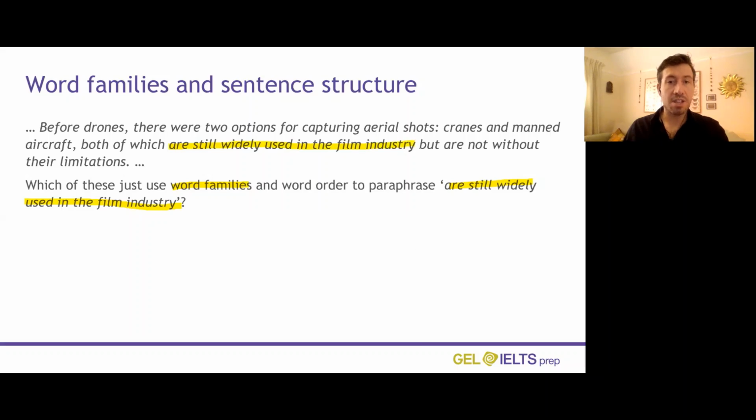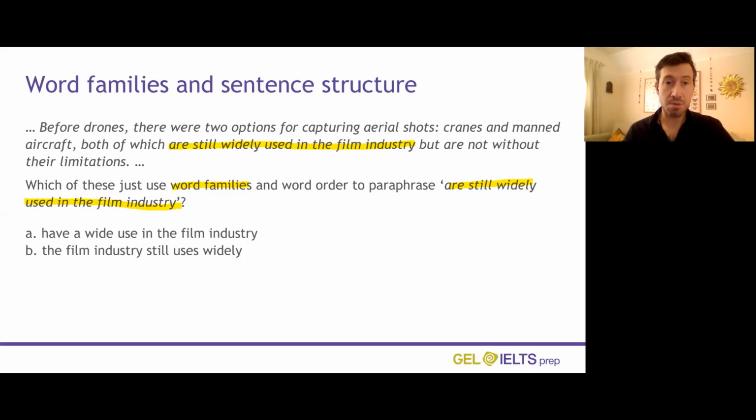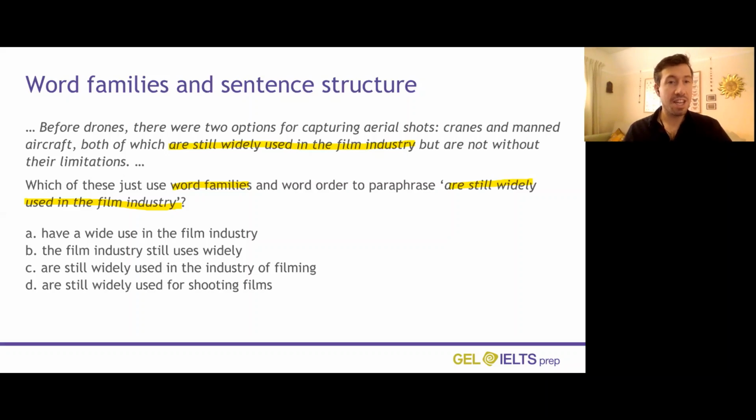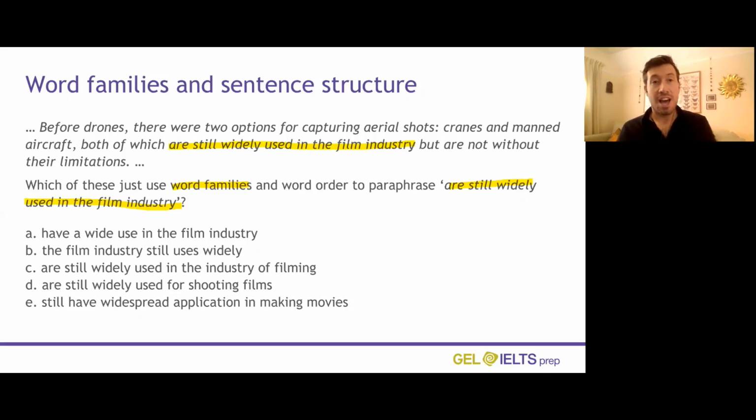So I want you to have a look at that sentence and decide which of these, A, have a wide use in the film industry, B, the film industry still uses widely, C, are still widely used in the industry of filming, D, are still widely used for shooting films, and E, still have widespread application in making movies, are using just word families, to paraphrase. So I want you to choose the correct options below the video. I'll give you 10 to 15 seconds for those.